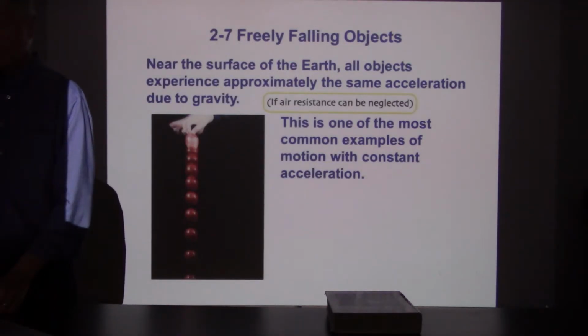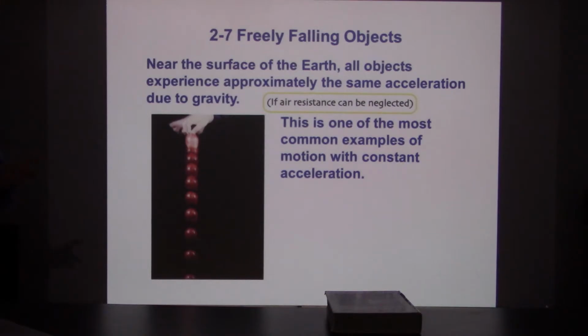All right. So let's move on from just a general category of constant acceleration. We want to look at a very special category of constant acceleration, and that would be objects that are falling in a gravitational field.